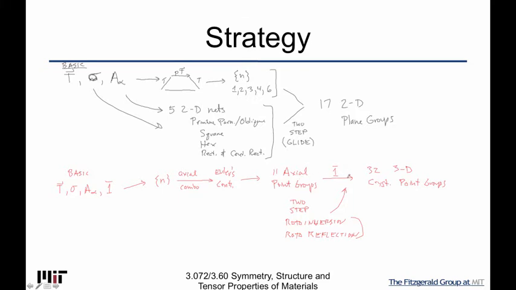So we add the inversion, we add these other ones, and that gives us our 32 3D crystallographic point groups, which then of course we can add to our lattices, which will be based on our 2D, right? So we're going to later combine these two plus other things.